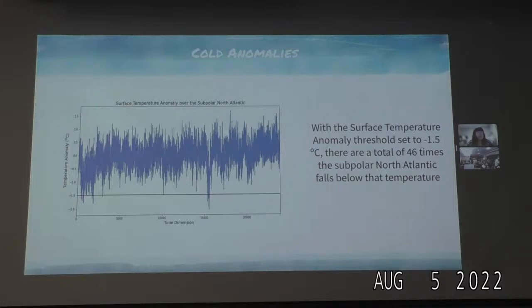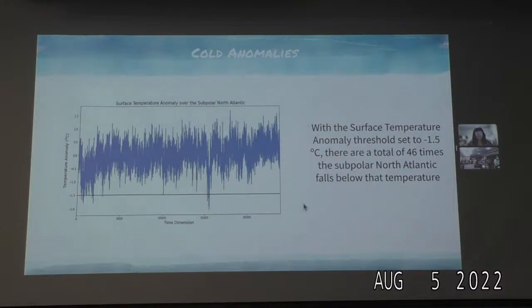So from my understanding, it is just a model projection, but it's a pre-industrial projection. It's taken from the Community Earth System Model, and they have a pre-industrial control that we used in order to determine all this.